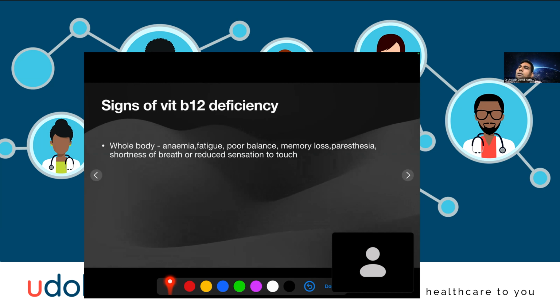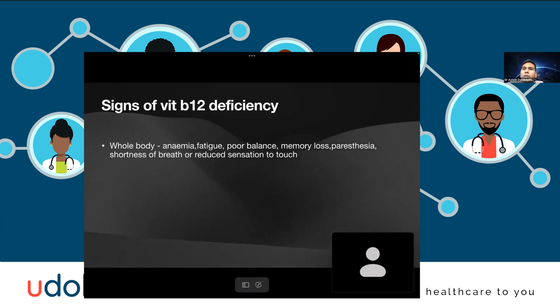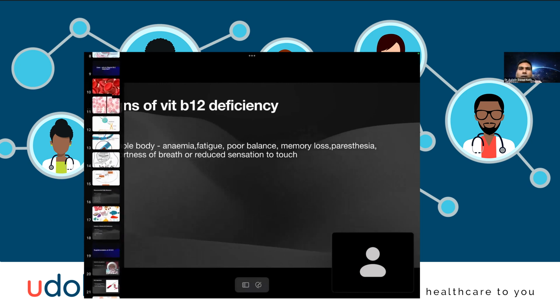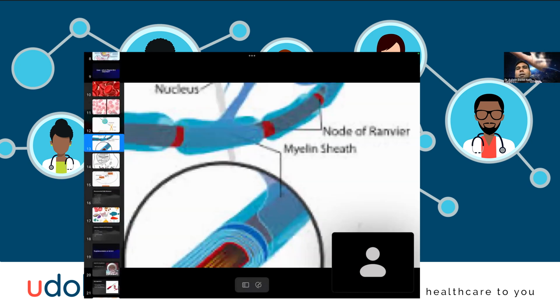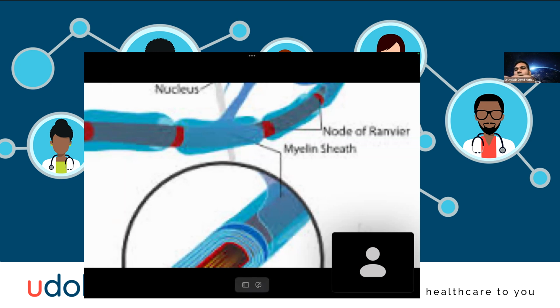Your poor balance, memory loss, and paresthesias will come down to the neurological effects of the vitamin B12 deficiency. If you can recall our slides just before this, let me try and jump to that. There we go. The myelin sheath, or the oligodendrocytes, require vitamin B12 in order to manufacture the myelin sheath itself.